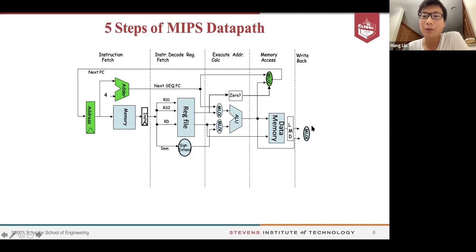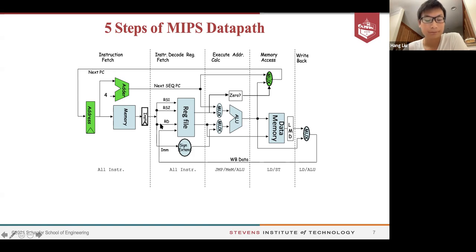The last step would be write back. Write back means you get the value from this pipeline and you write it back to the register, right? It's in the pipeline, which is not the destination register. So we have to write it back to the register, like for example, the destination register.